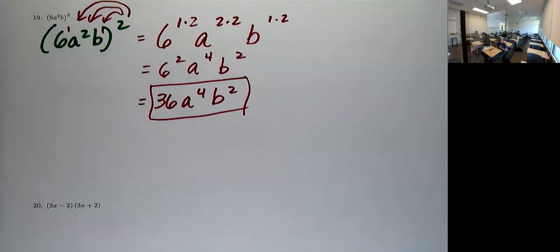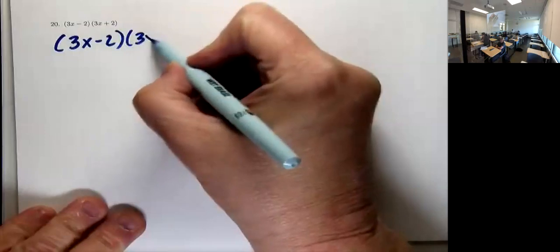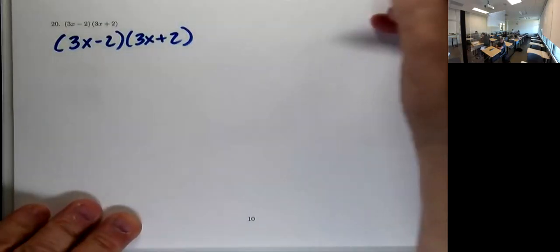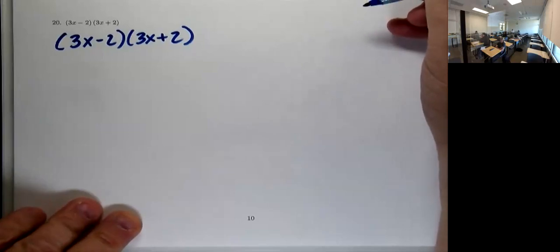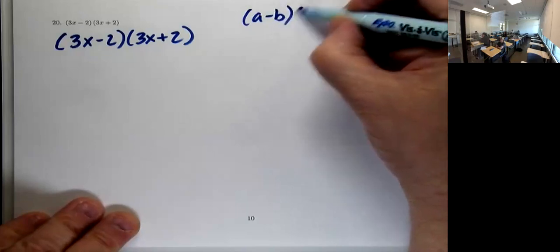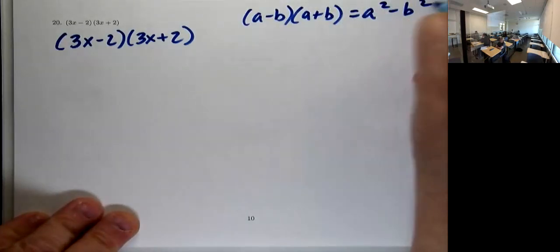Everyone ready? All right, last one. 3x minus 2 times 3x plus 2. There are 2 ways you can do this. One is just to FOIL like we did on the other problem. The other way is to remember that a minus b times a plus b equals a squared minus b squared.